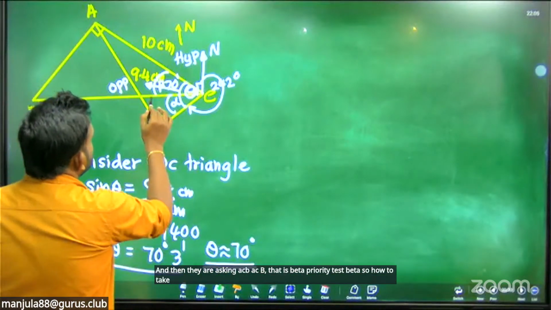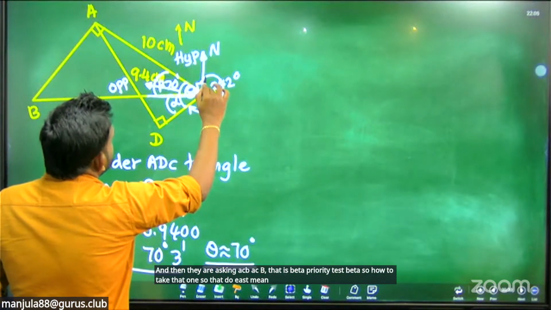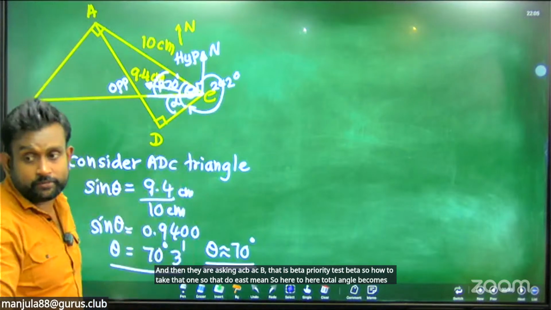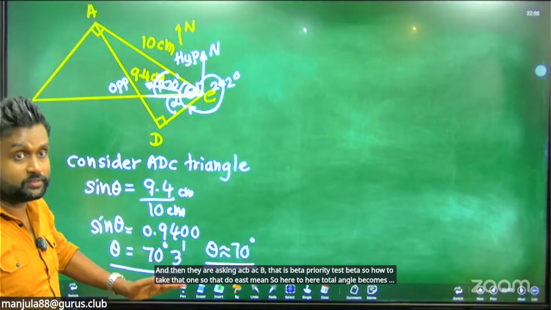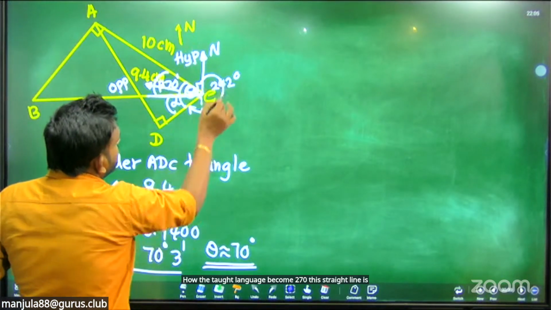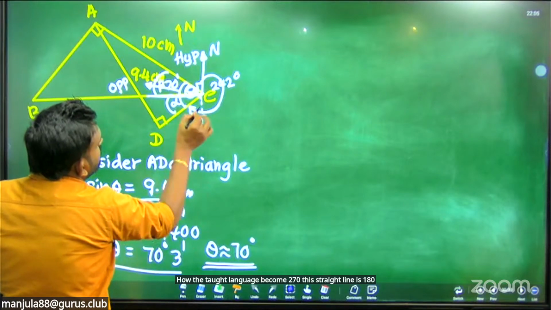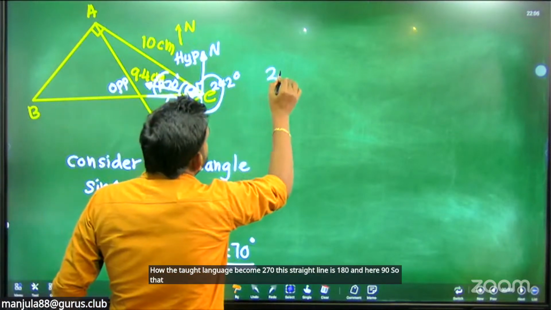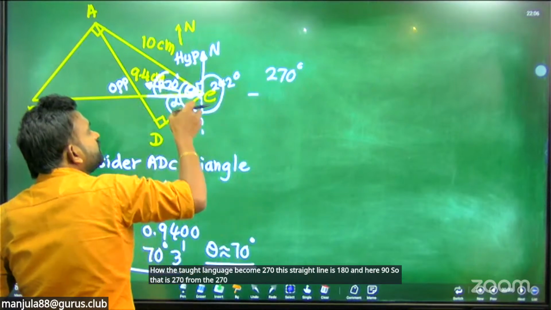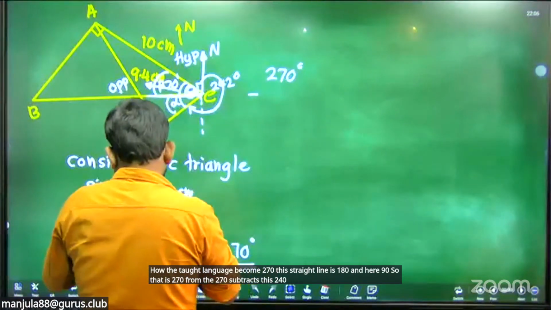So due east means, from here to here the total angle becomes 270. How does the total angle become 270? This straight line is 180 and here 90. So that is 270. From the 270, subtract this 242.